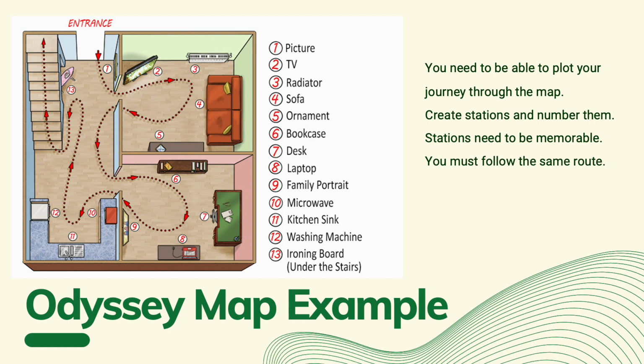It's important that you have this route ingrained in your mind and you remember every single step of the way. You don't have to make it too complicated. You can start with maybe 1 or 2 stations per room and just keep building it up from then. But it's very important that you keep the numbers the same all the way through and you remember every single station throughout it.